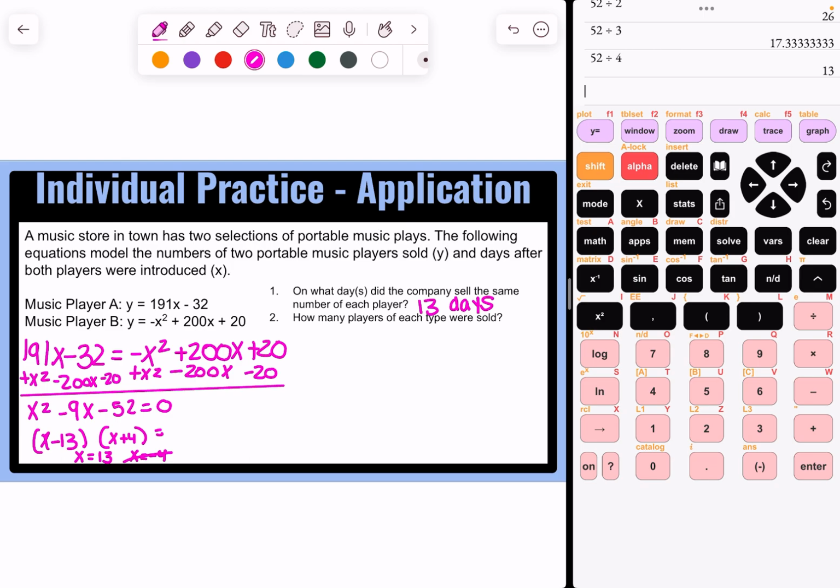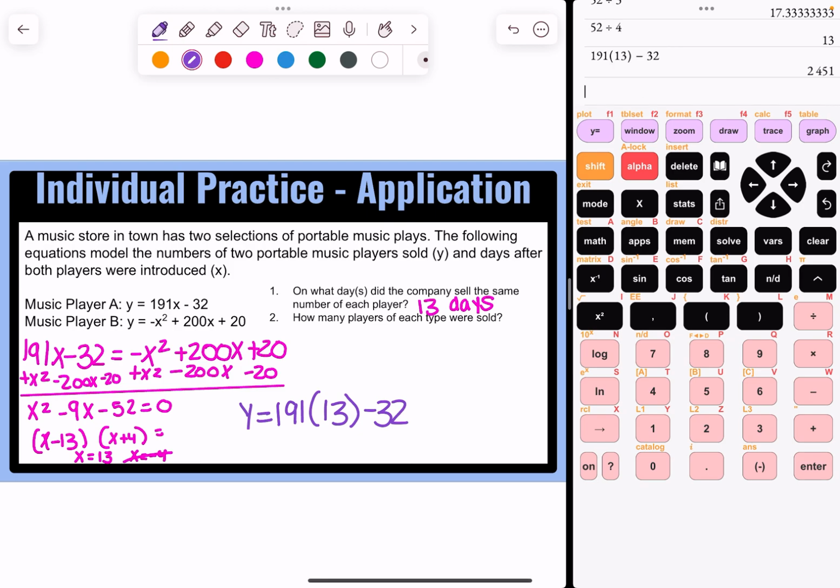And let's find out how many players there were using that easy y equation. y equals 191 times 13 minus 32. And that gets us that the number of players there were was 2,551. I just want to check that with the other equation.